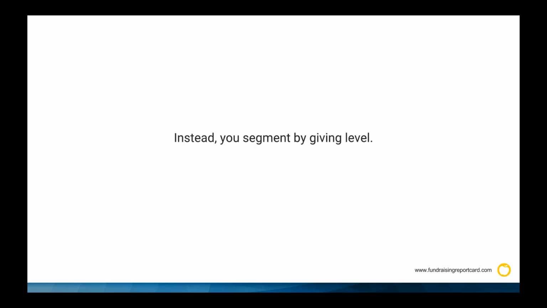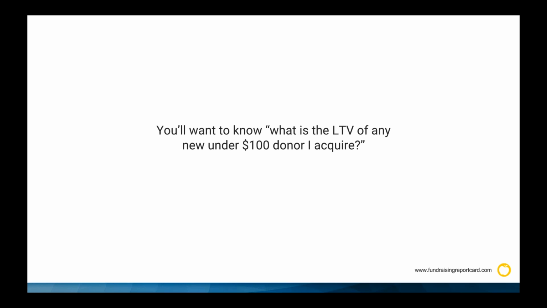So instead, you're actually going to segment this metric by giving level, right? What you'll really want to know is, if I acquire a new under $100 donor, an annual fund donor, or a $50 donor, what is the lifetime value? Because if I know what the lifetime value is of an under $100 donor, let's say it's $250, now I have an informed stance when it comes to budgeting for that appeal or that event, right?